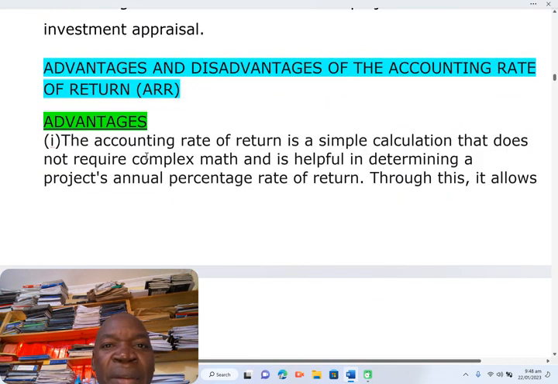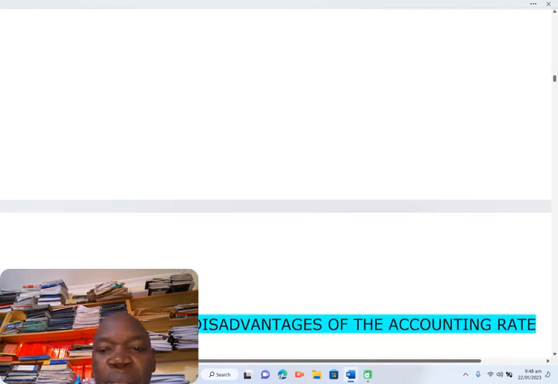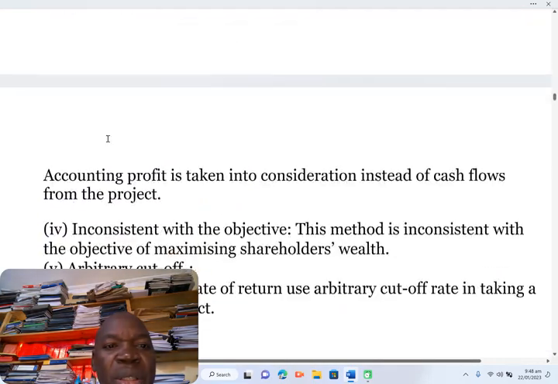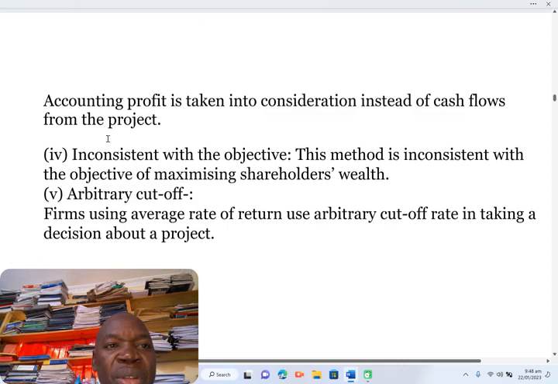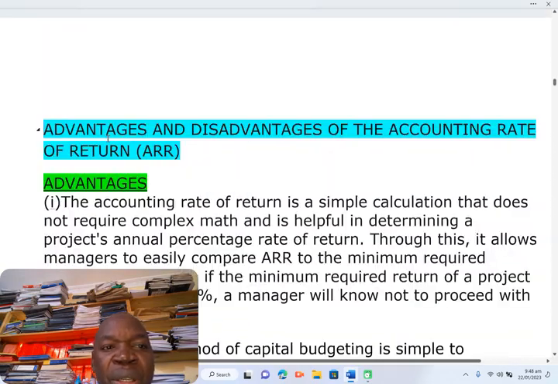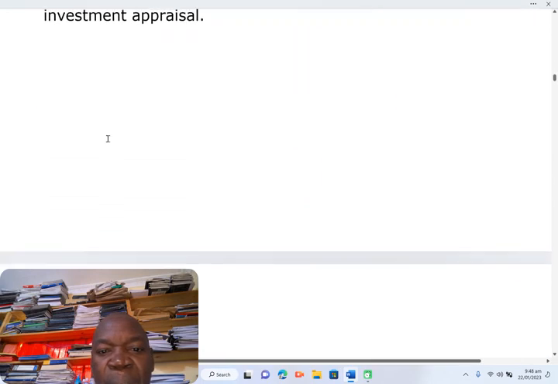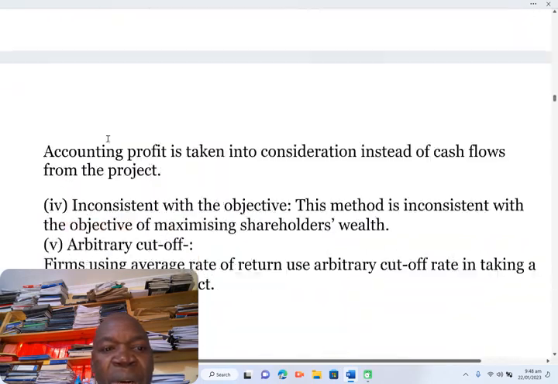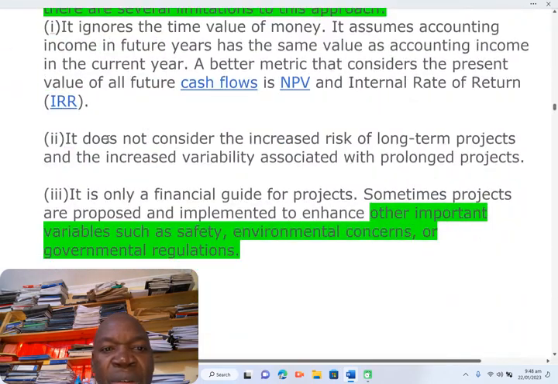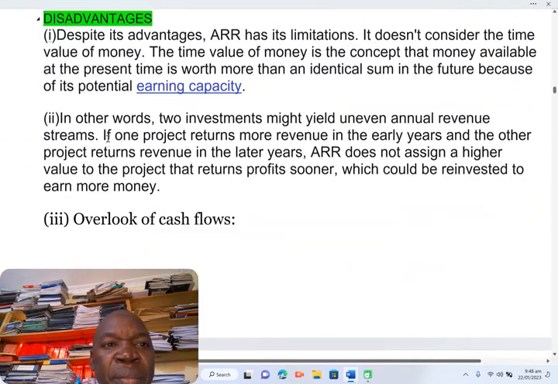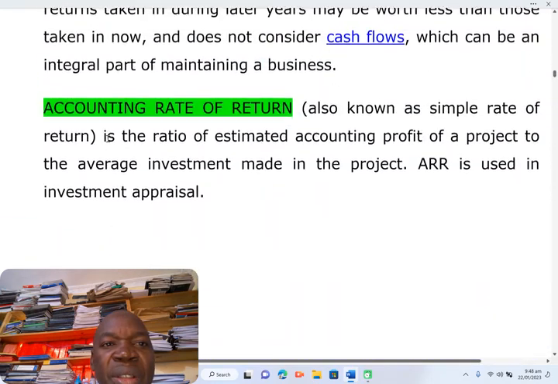In this area, we must be very aware of this discussion because we need a thorough understanding of this method, accounting rate of return, and how to handle it.